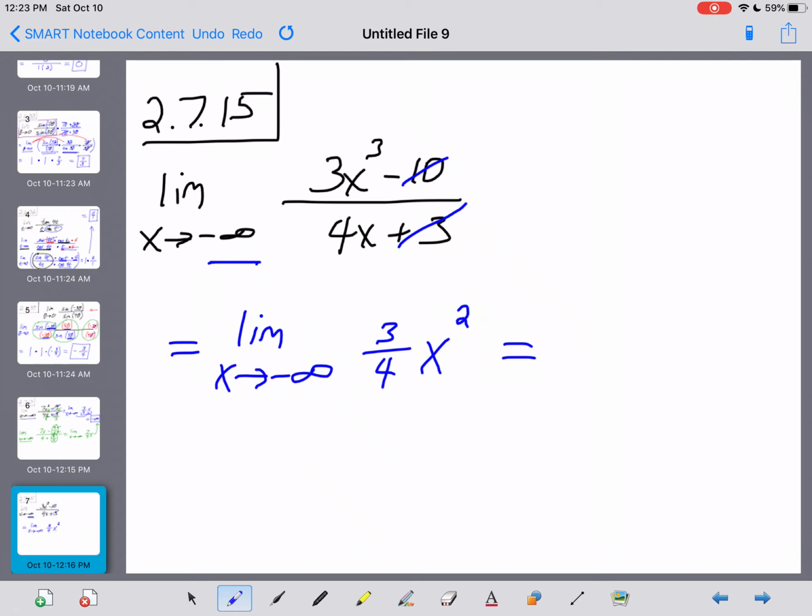Now from here, again, you can kind of just think of the constant multiple rule here and bring the 3/4 out in front. And this time, unlike the last problem, x is approaching negative infinity. It's a negative value, but we're squaring that negative value, which is going to turn it positive. So this is basically going to be 3/4 times positive infinity, which is just going to be positive infinity.